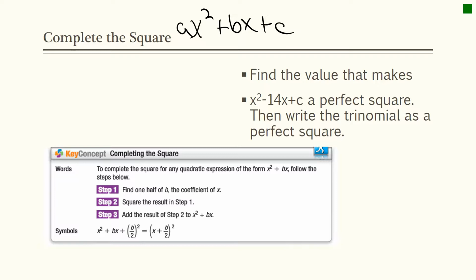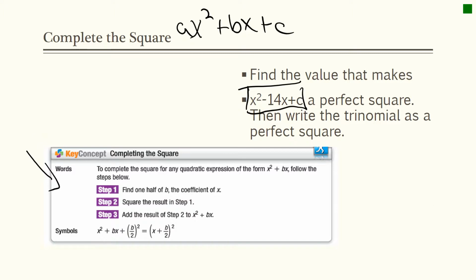And here we're being asked to find the value that makes this expression, x squared plus negative 14x plus c, a perfect square. What could we do to make that a perfect square? This is just really the beginning step of how we're going to use this concept of completing the square to actually solve equations. So let's look at what we have here.